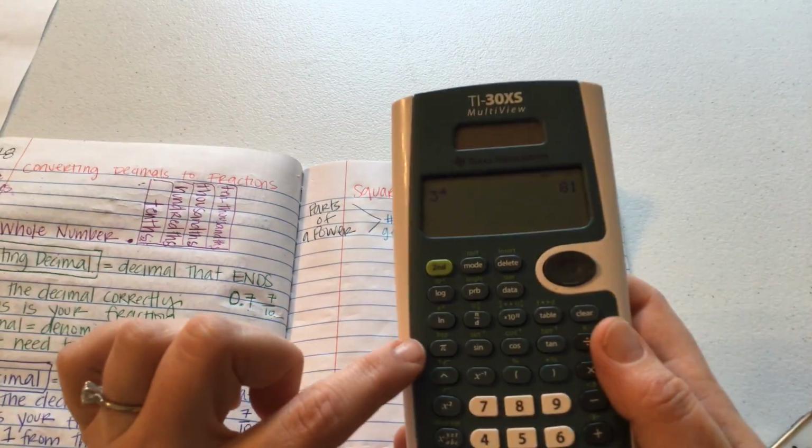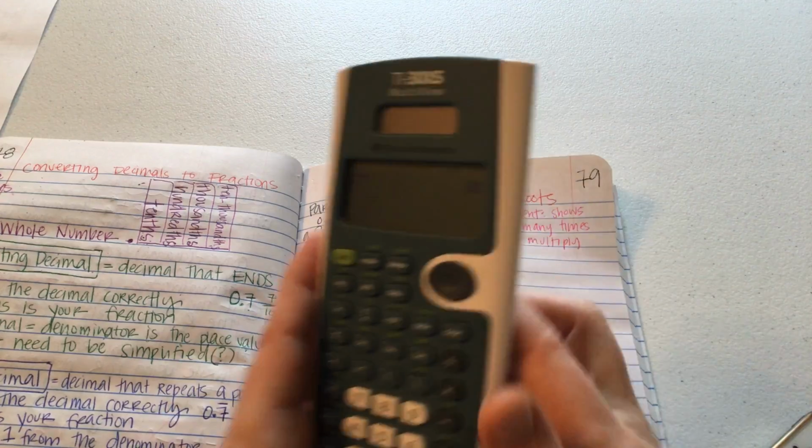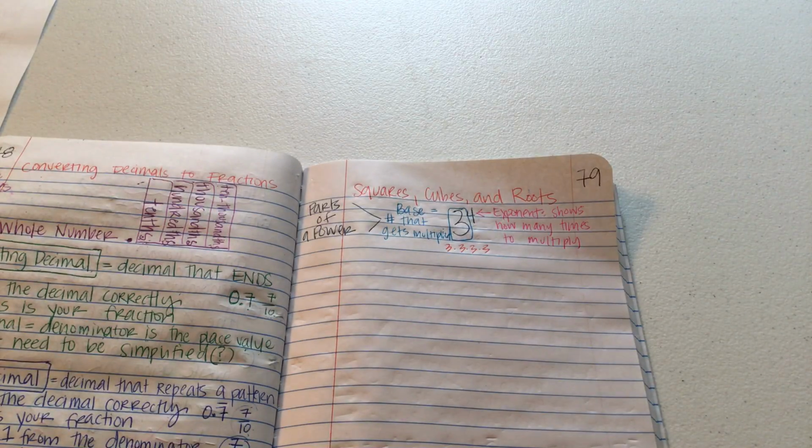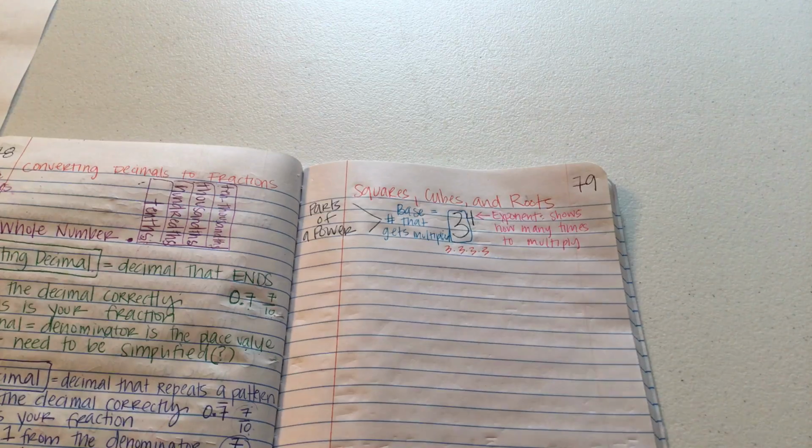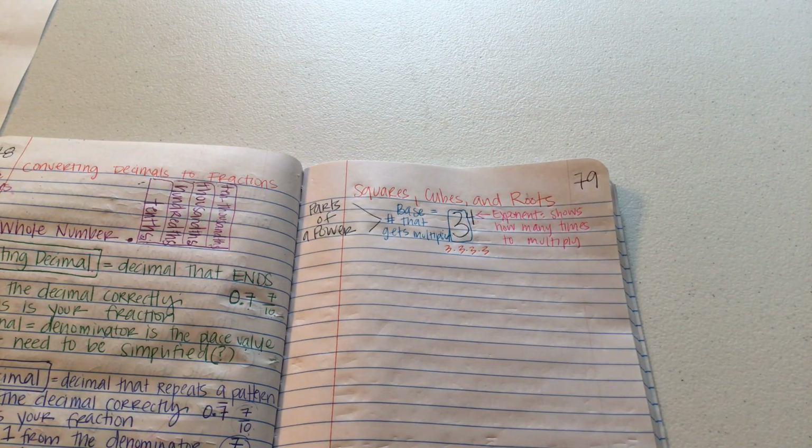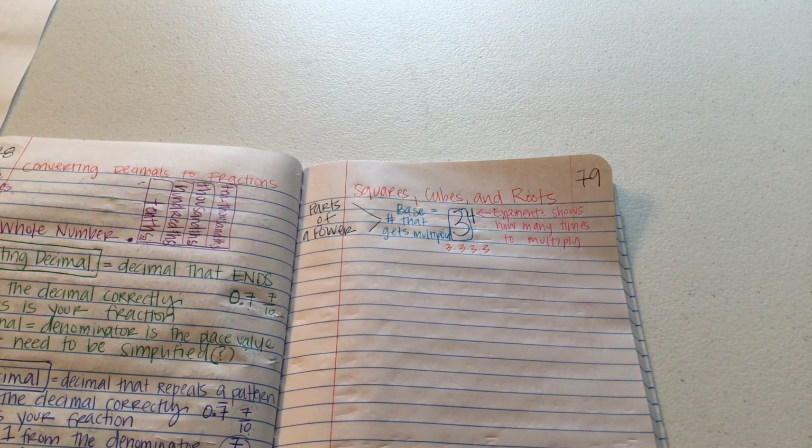And again, you can use cell phone calculator, you can use regular calculator, scientific calculator if you have it, or you could just regular expand it if you don't have a scientific calculator at home. Or you could go online and find a scientific calculator on the internet. So these are parts of the power. So we're going to be using this vocabulary as we're talking about it.